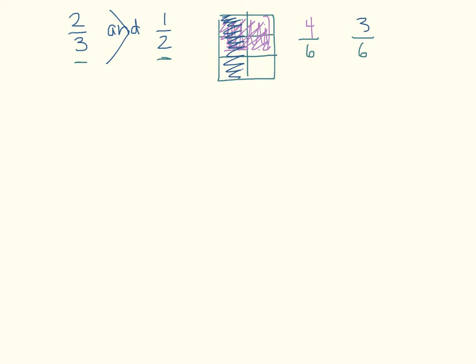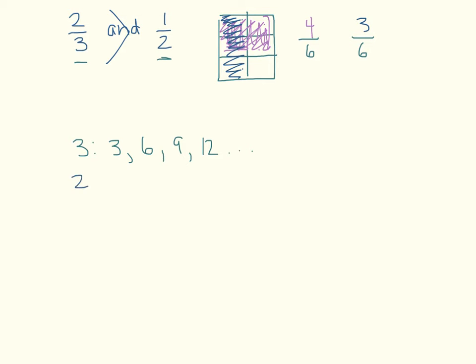Instead of using diagrams, we could also use common multiples. So we start with 3 and we look at the multiples of 3. 3 times 1 equals 3, 3 times 2 equals 6, 3 times 3 equals 9, 3 times 4 equals 12, and so on and so forth.